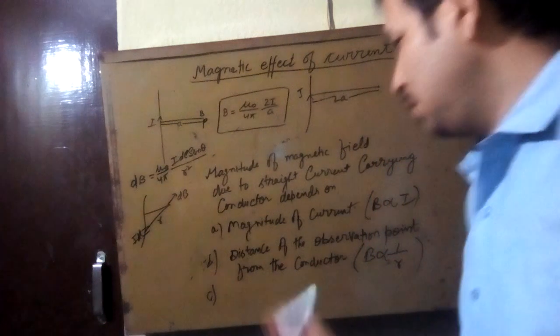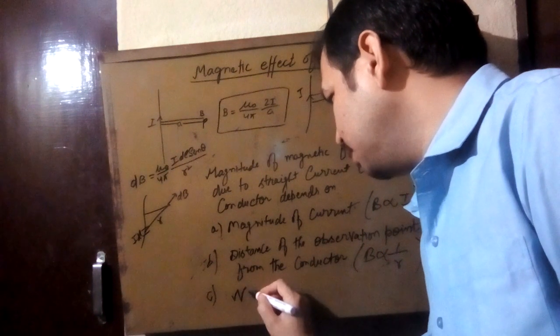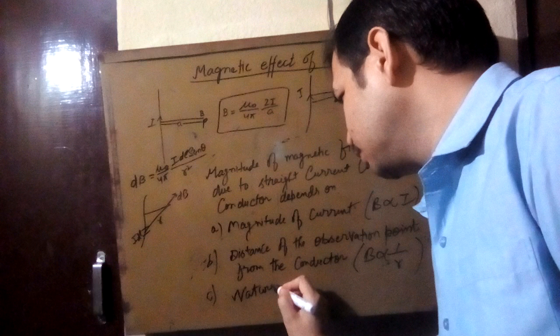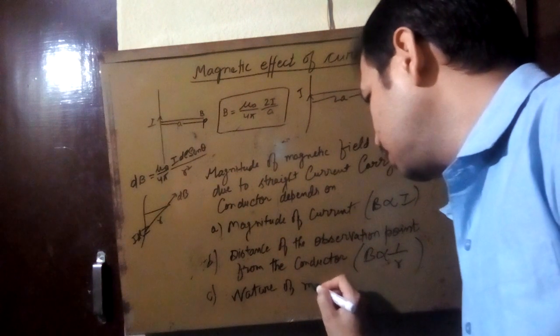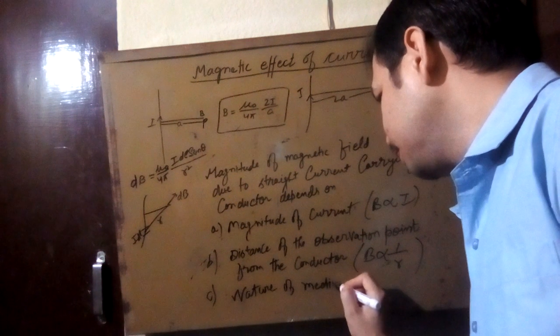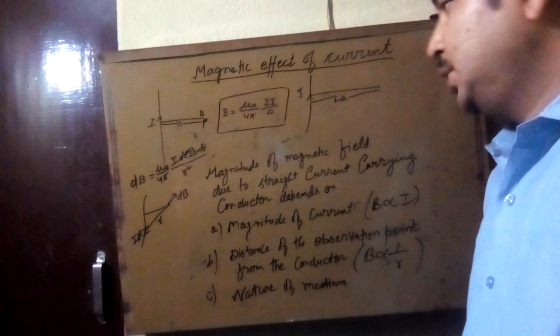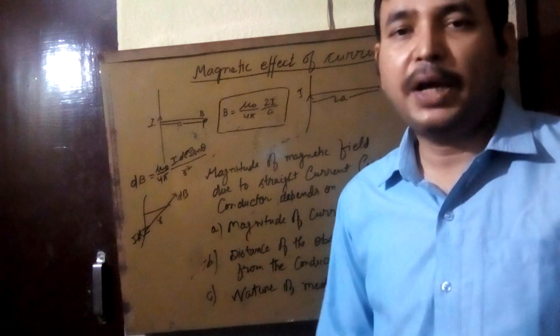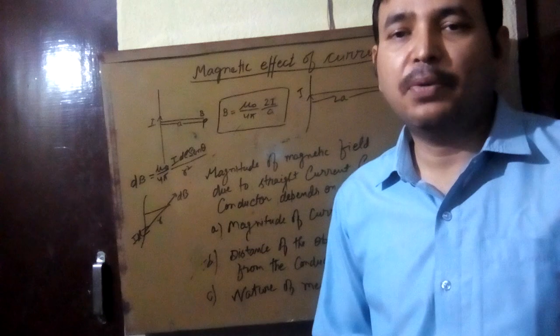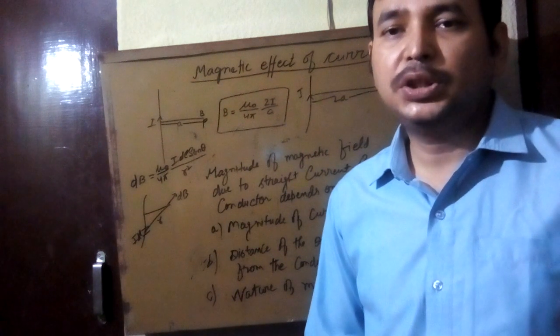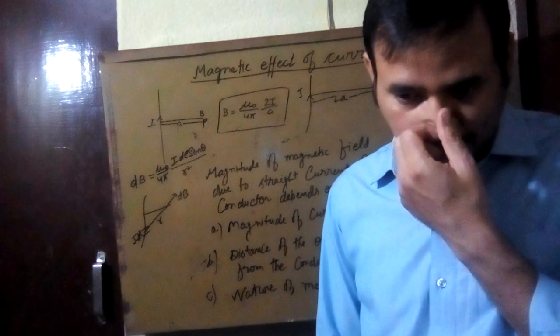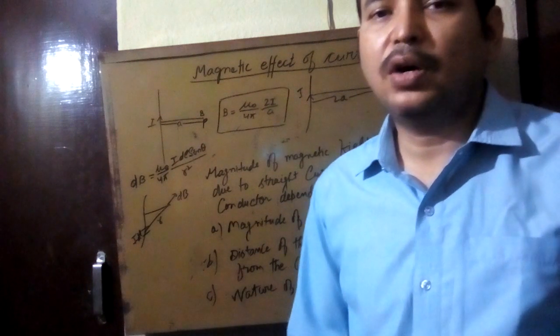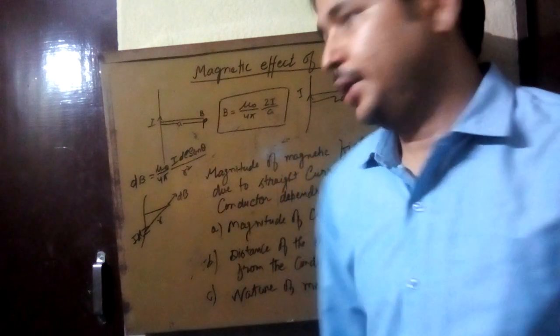So you can write the third factor is the nature of the medium. So these are the factors which decide the magnitude of the magnetic field at any point due to a straight current carrying conductor. Similarly, we can discuss for a circular current carrying conductor.